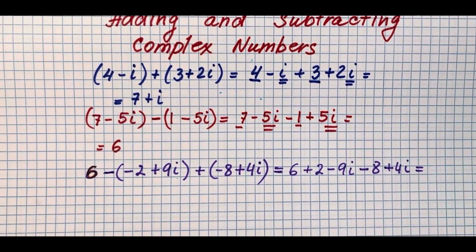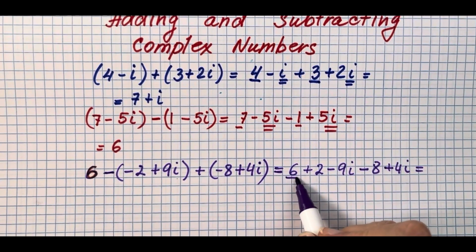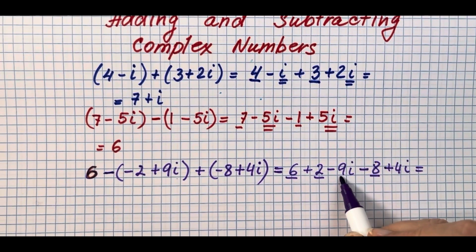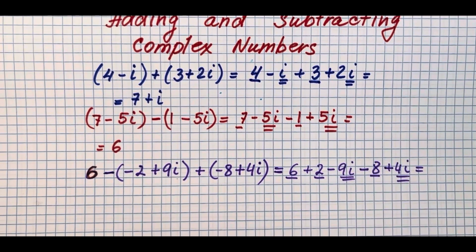Next step, we're going to combine like terms. We have 1, 2, 3 real numbers, and we have 1, 2 imaginary. We're going to combine the corresponding ones. So 6, 2, and negative 8. It's actually 8 minus 8.